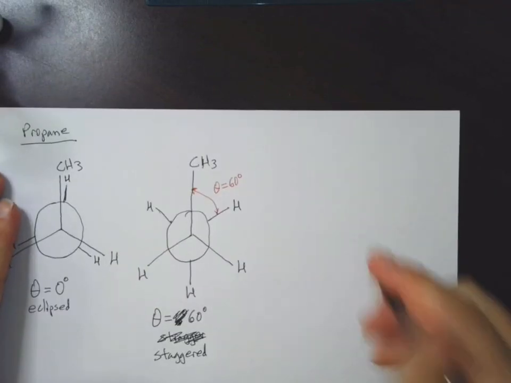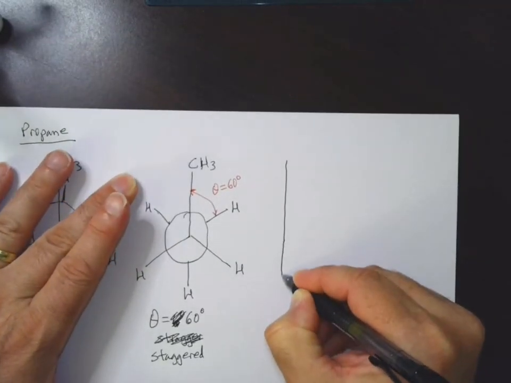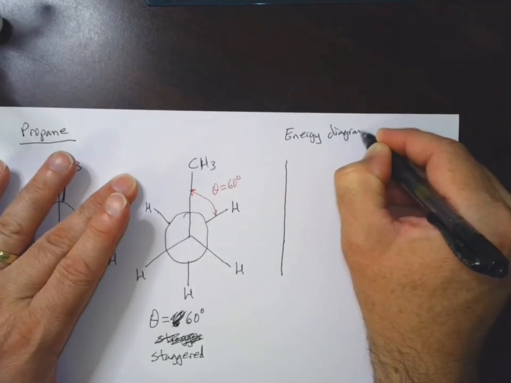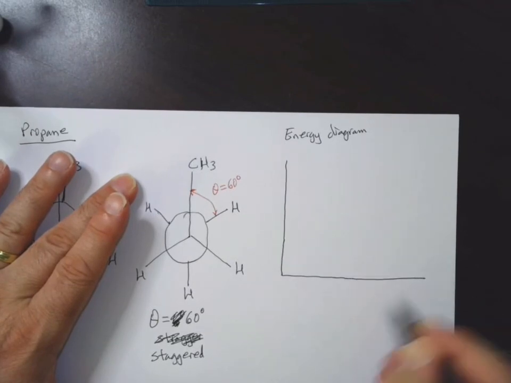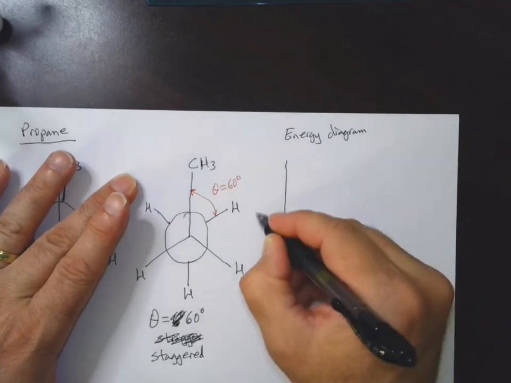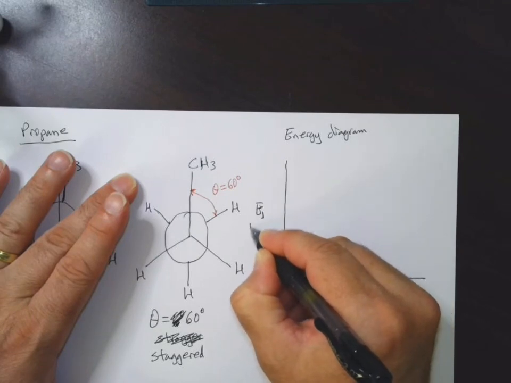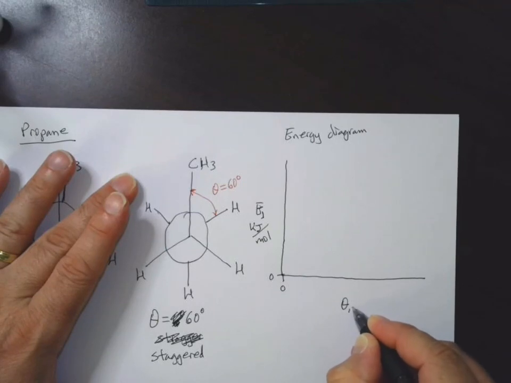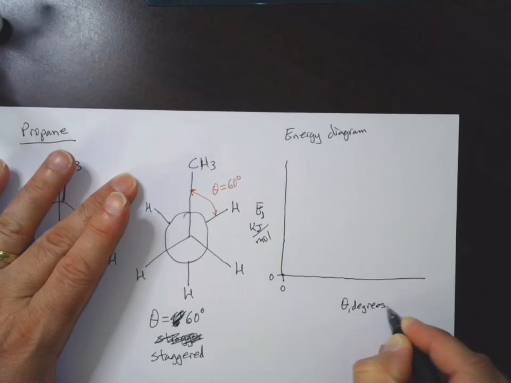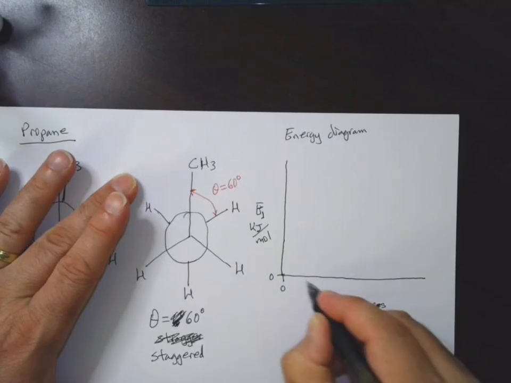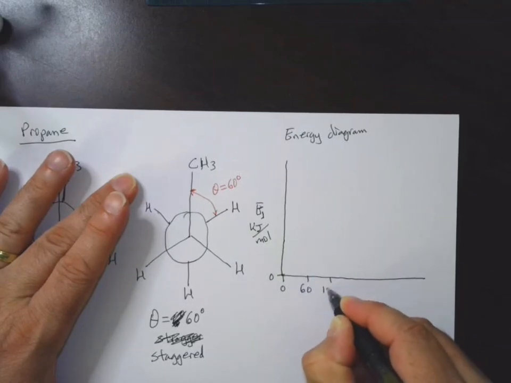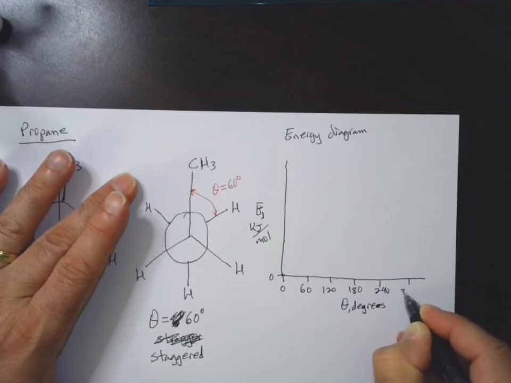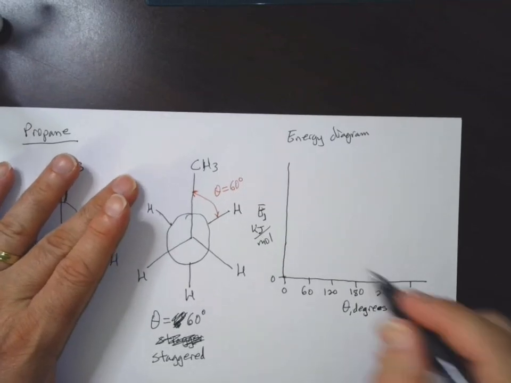Now, this energy plot actually ends up having the same shape as the energy diagram for ethane. I'm not going to draw it quite as big, and I'm not going to go all the way to 360.